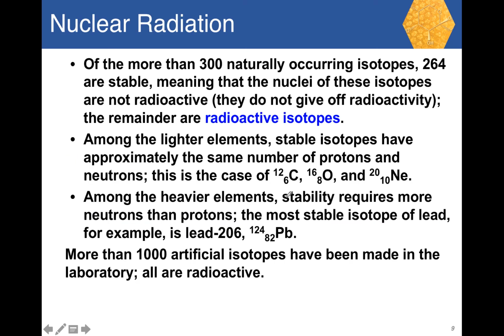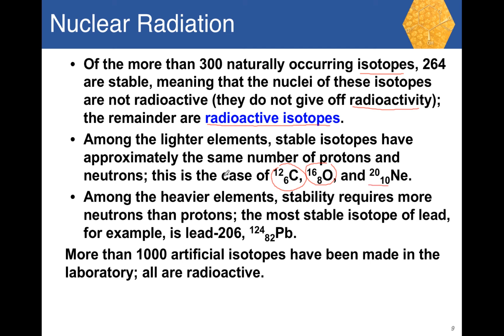Okay, let's get back to the relevance here. There are about 300 naturally occurring isotopes. Not all of the elements on the periodic table have isotopes. We describe those as radioactive because they give off radioactivity. Just to give you some examples, here is carbon 12 as one isotope, and oxygen 16 and some others here.